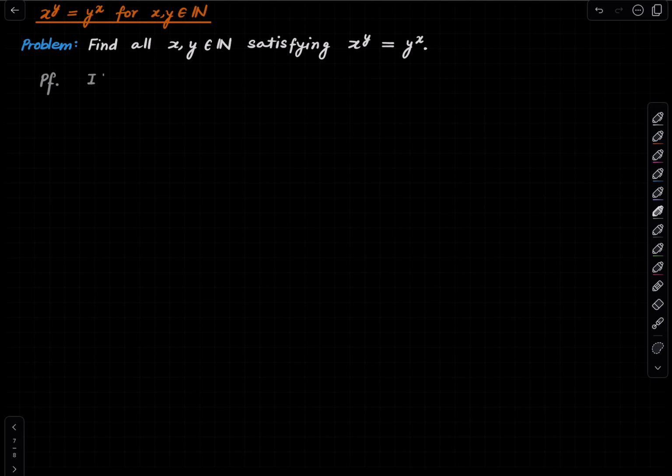So before we continue, we may assume that x is less than y, and as we just saw, if x exceeds Euler's number, or is at least Euler's number, then x to the power y will be greater than y to the power x.